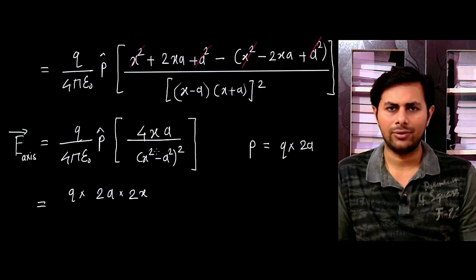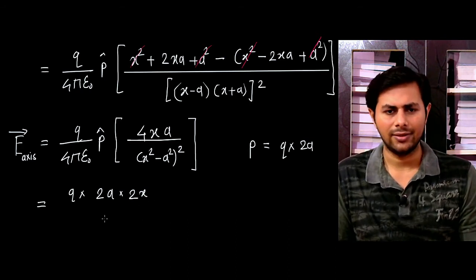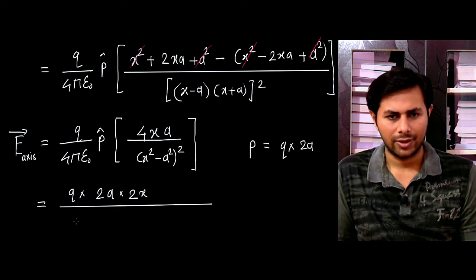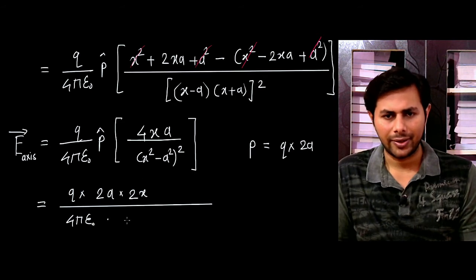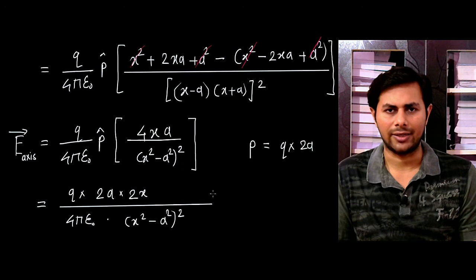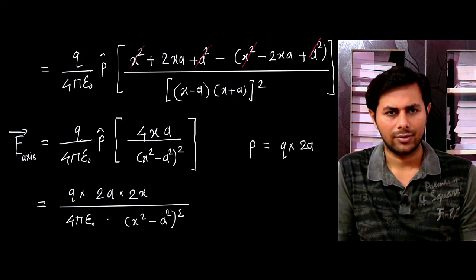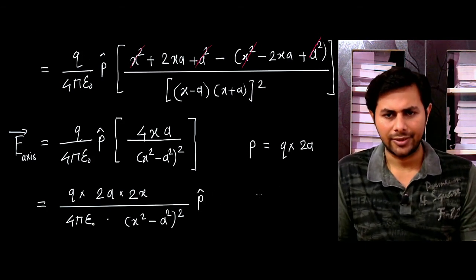So 2a into 2x is 4 times xa, and in the denominator we have 4 pi epsilon naught multiplied by (x squared minus a squared), squared. And we have this p cap also. So let's write p cap.